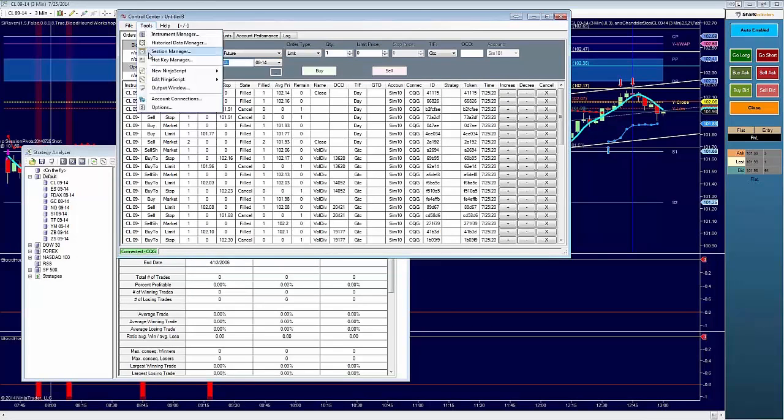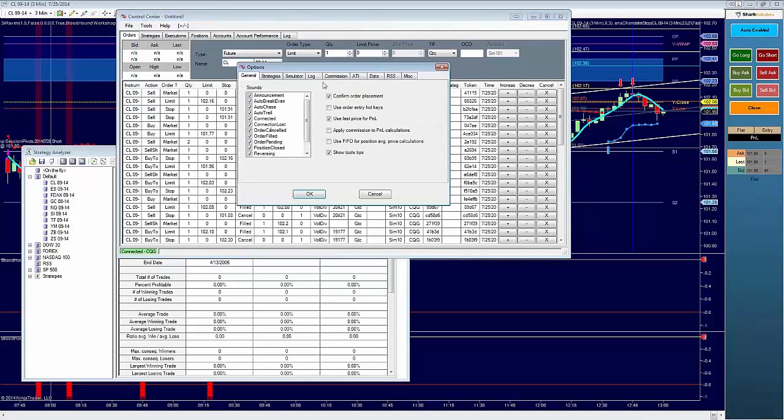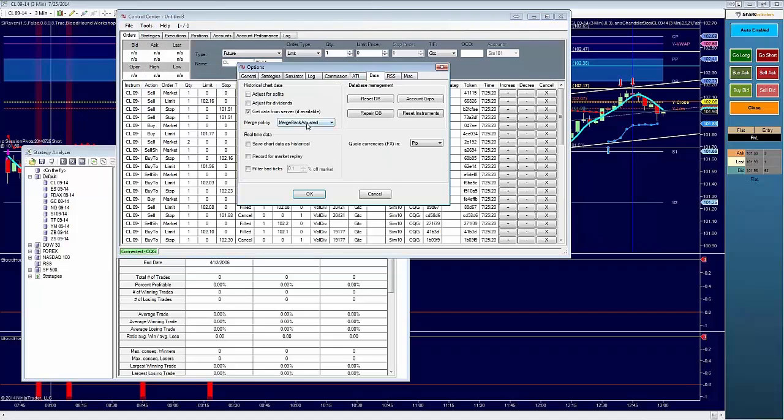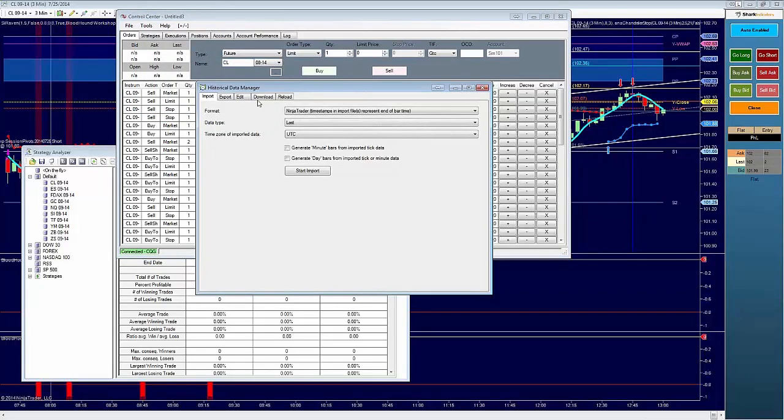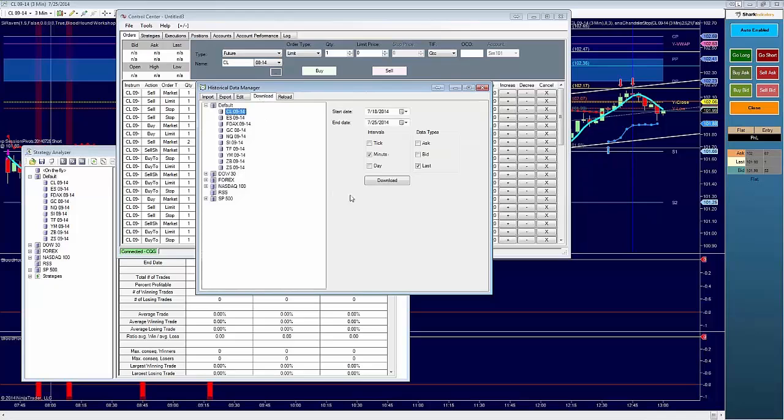I think if they're spliced together, it automatically downloads the previous contract as well. So let's go to Historical Data Manager, Download, CL914. Let's look back to June, what is today, the 25th.